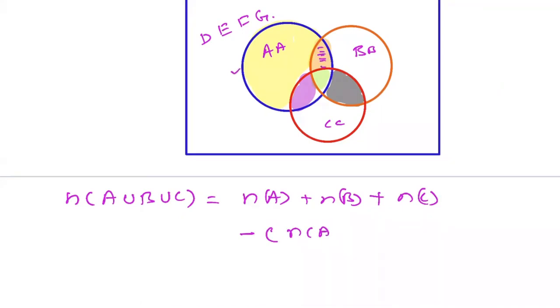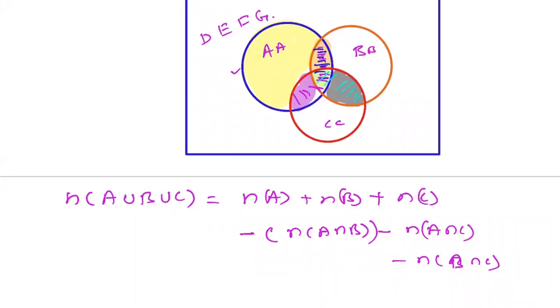So I have to subtract this, and A intersection C, minus B intersection C. I'm subtracting this term, and with a different color, this term, and again this term, so it will be easier to understand.